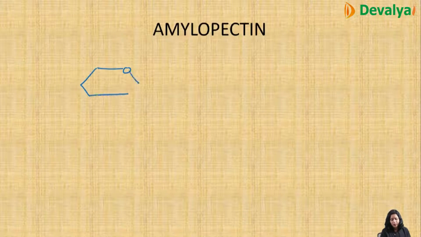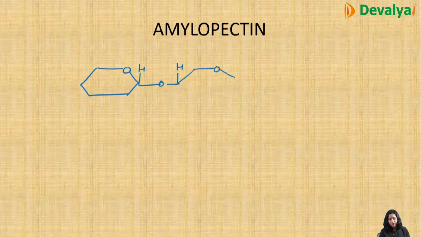Next is the amylopectin. In the amylopectin, there are two different kinds of linkage. One is the same as we did in the case of amylose, C1-C4 linkage, and another one is C1-C6 linkage. Now this is C1-C4.